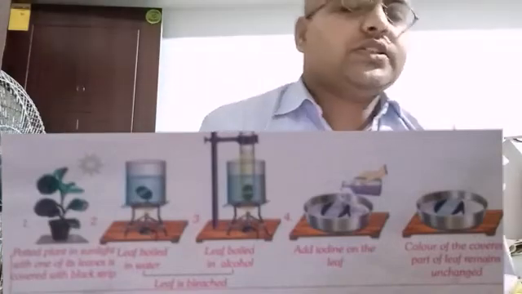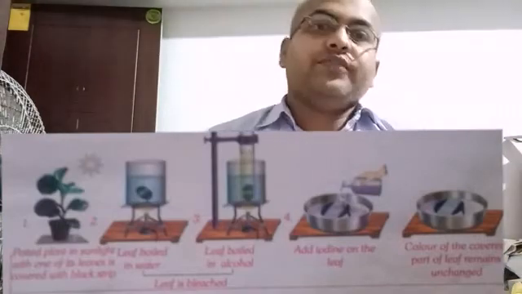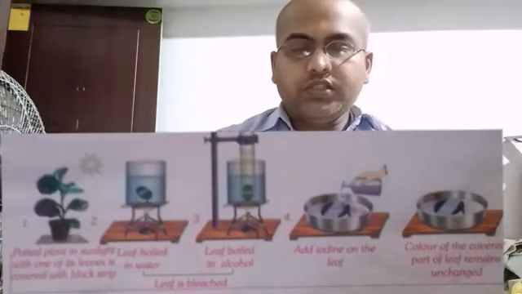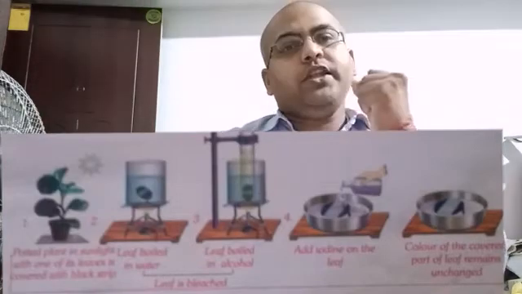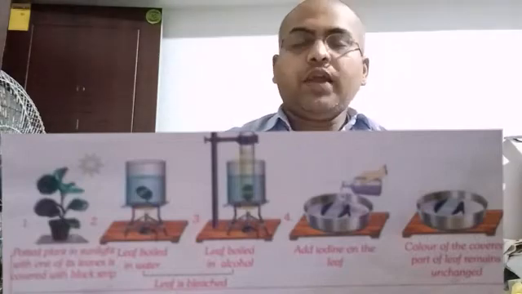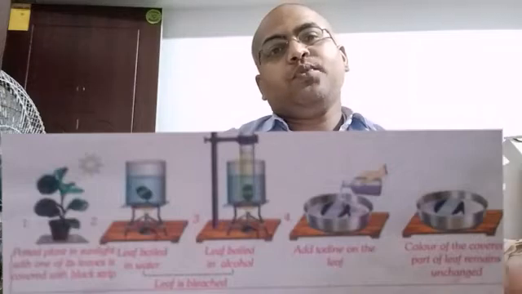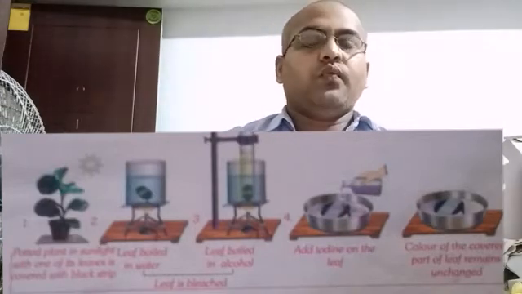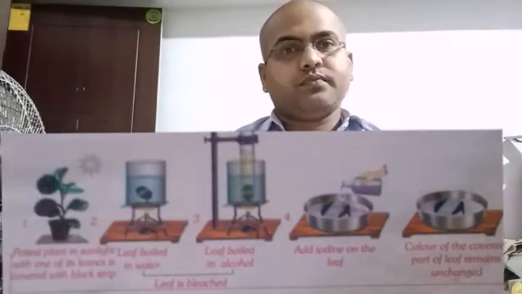Now we are going to discuss the third activity, that is, presence of starch in leaves. For this activity, we pluck a leaf from a healthy plant and bleach it: first boil it in water and then in alcohol. After boiling, we wash it under cold water.